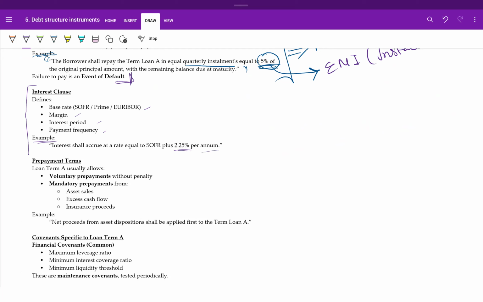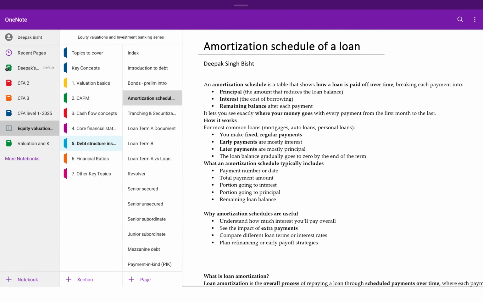Because principal declines over time, the margin is typically lower than other tranches. This is not generosity; it's pricing discipline aligned with declining risk. So when we think about the interest rate in the interest clause, if you remember, when we talked about amortization, okay.